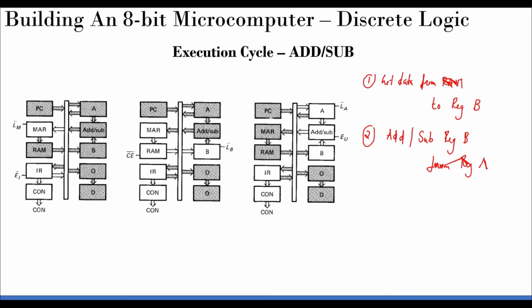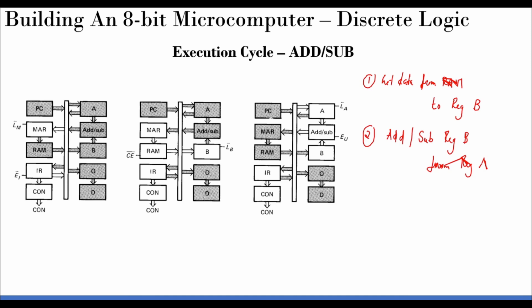And then the third part is to store the result to the accumulator or register A, whatever you want to call it. So these three operations have to happen, and that's exactly what happens in these three steps.